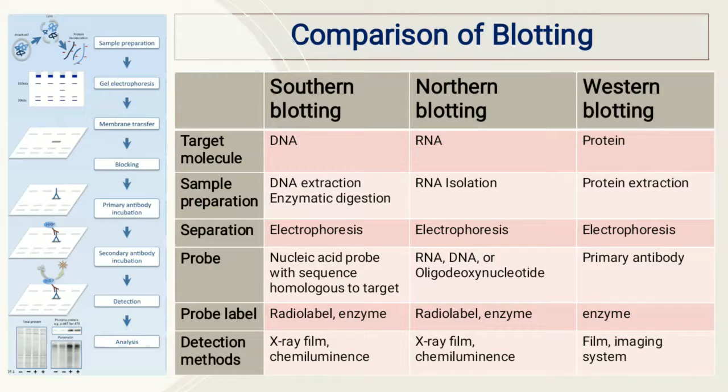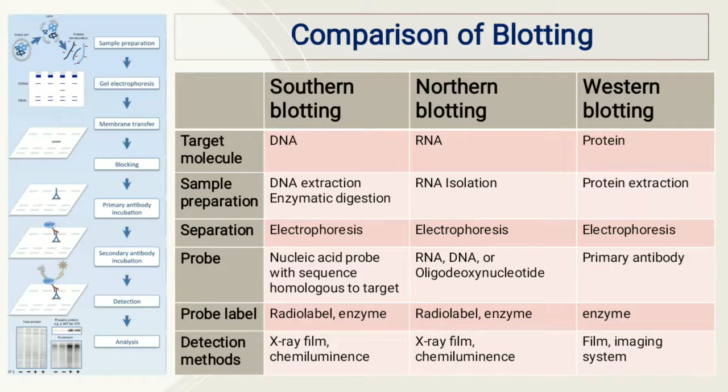Next is sample preparation. In Southern blotting, DNA extraction and enzymatic digestion of the DNA is used to prepare our DNA sample, whereas in Northern blotting, we use a simple RNA isolation, and in Western blotting, simply protein extraction is used to prepare our sample.